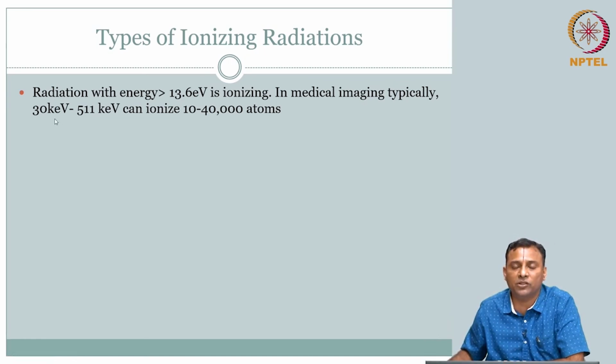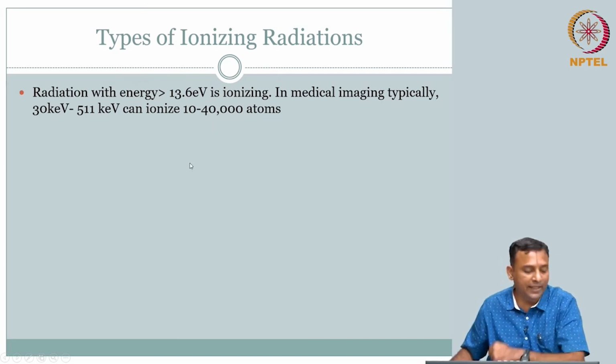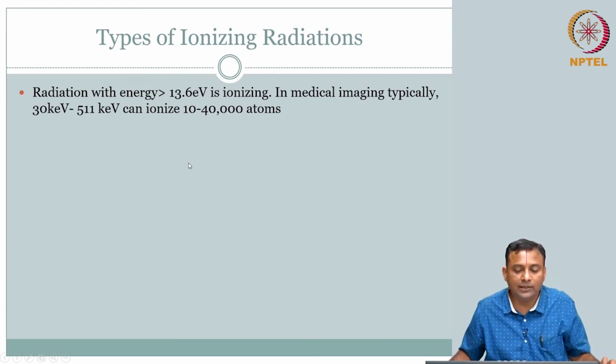First is X-ray based. X-ray energy in this range, 30, 40, 60, if it goes out, it can ionize so many atoms of hydrogen, because it is only 13.6. Here you have kilo electron volts, so thousands of atoms can be ionized. Clear?